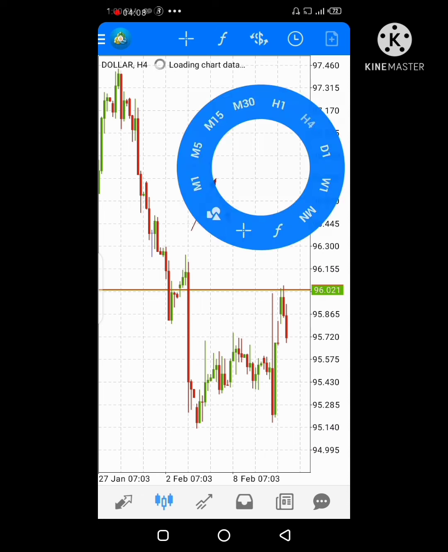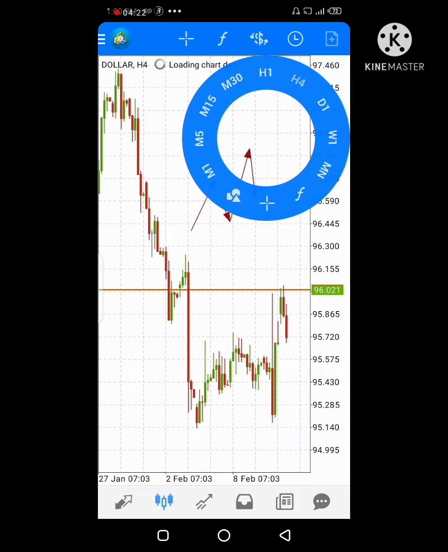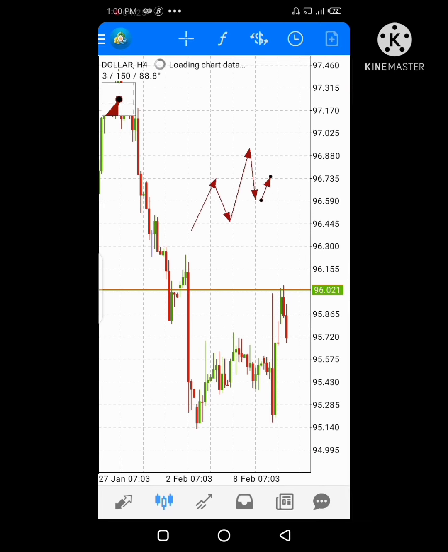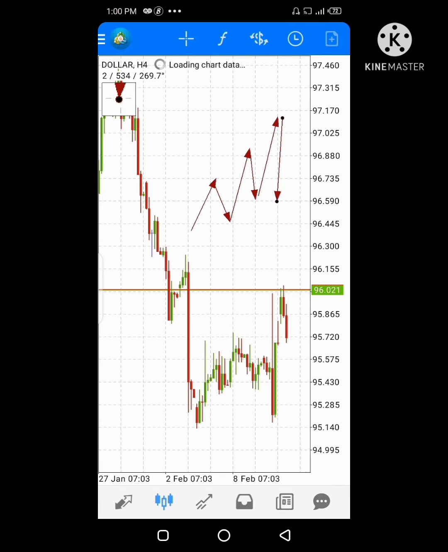Makes a low, makes a higher high, makes a lower low, makes a higher high, but this time it makes a lower low instead of a higher low. Instead of a higher low, it made a lower low.